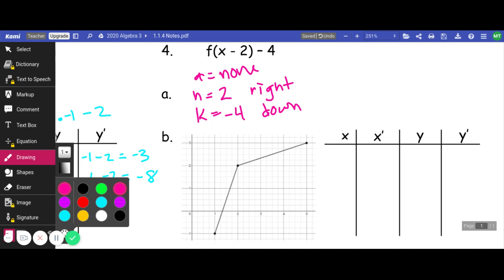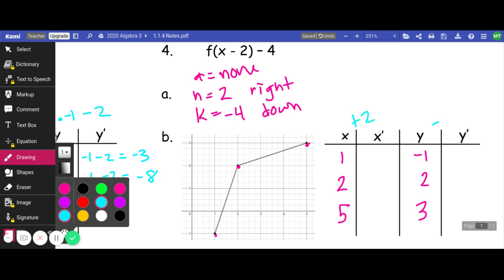So now we have to figure out your original points. Okay, so that is 1, negative 1, 2, 2, and 5, 3. So there is my points. So now I am going to add 2.